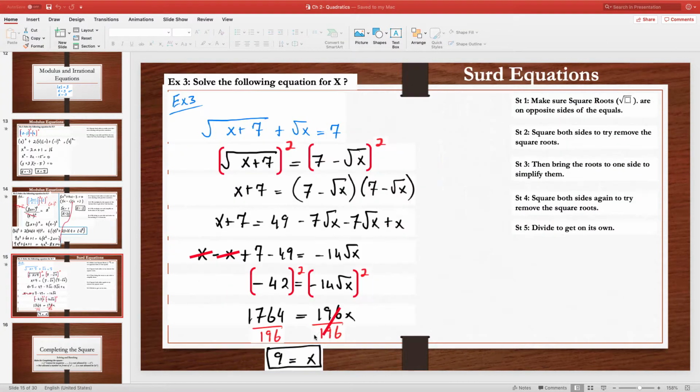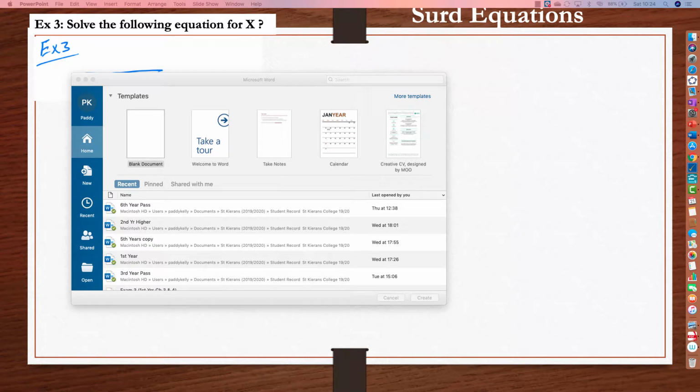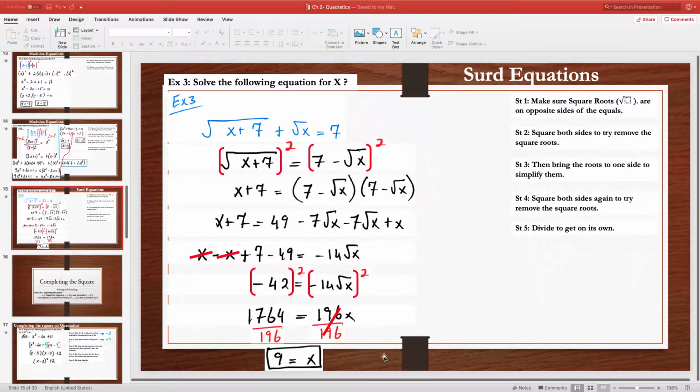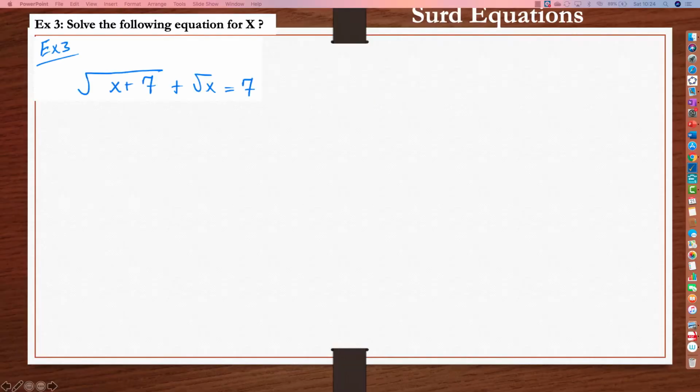So we have the square root of x plus 7 plus the square root of x is equal to 7.